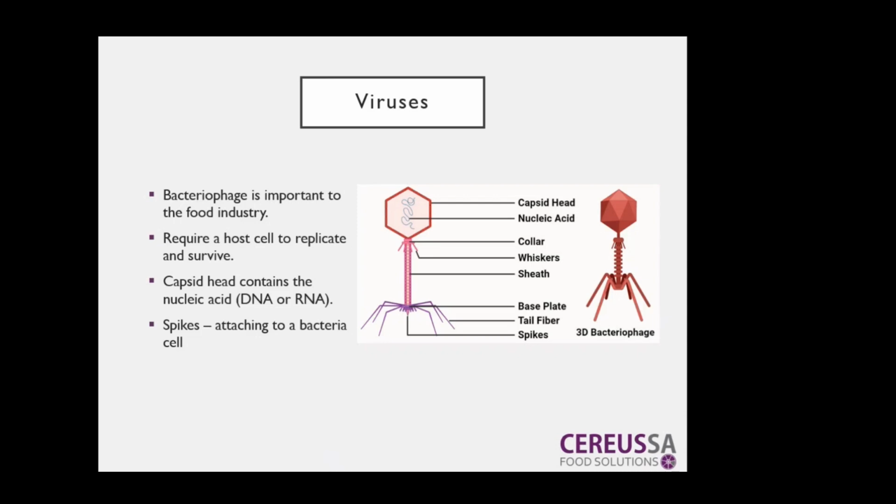A virus has a capsid head, which is the protection for its DNA or RNA inside, which is the genetic material. It also has spikes at the bottom where it attaches to the cell, and tail fibers and a base plate that will inject into the cell and pump its DNA into that cell.